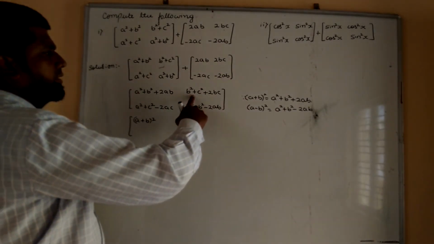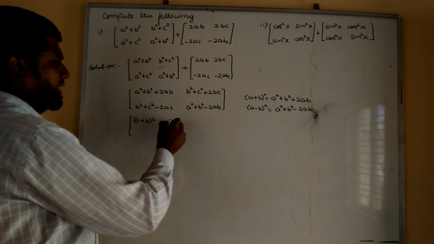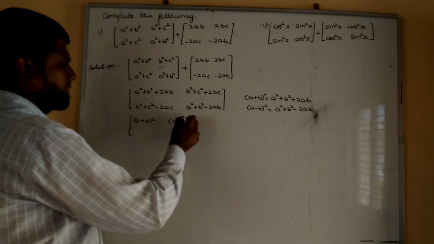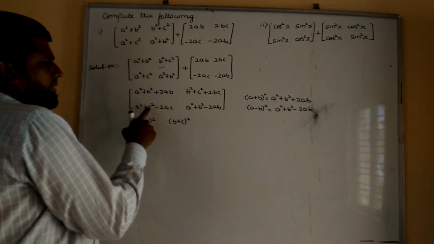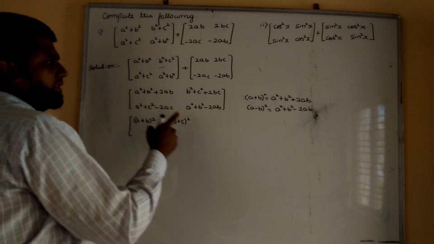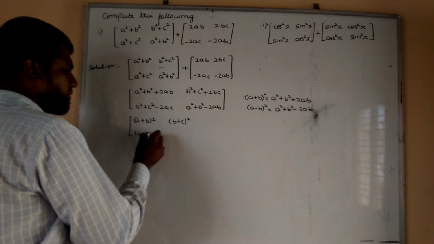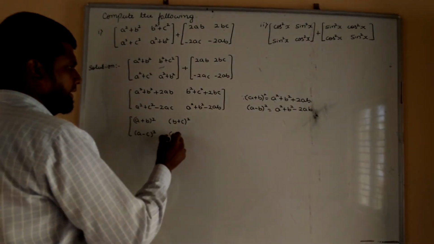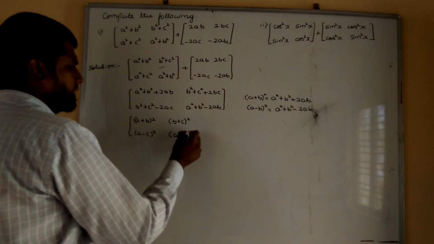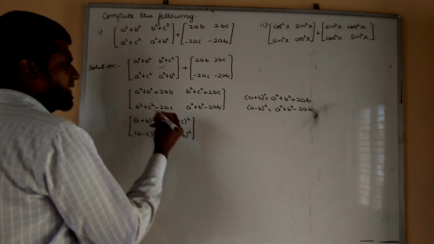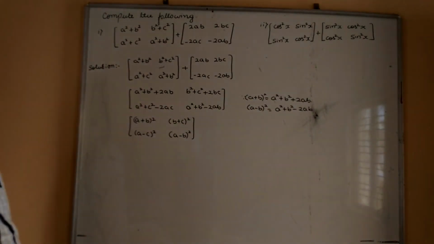Then this can be written as b plus c whole square. Then a square plus c square minus 2ac is in the form of a minus c whole square. Then a minus b whole square. This is the answer for the first one.